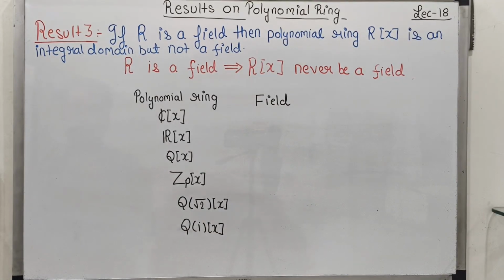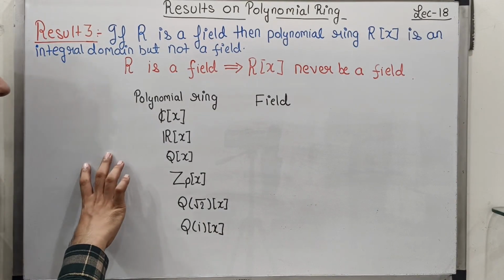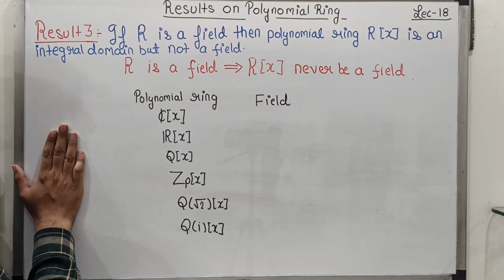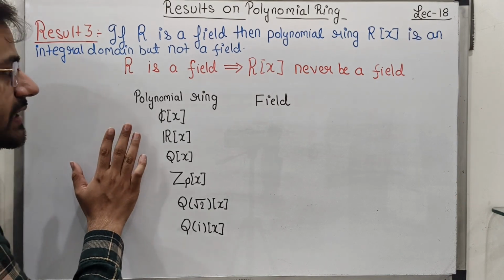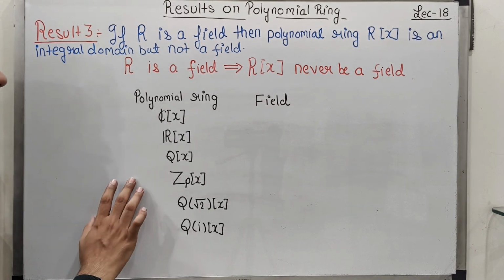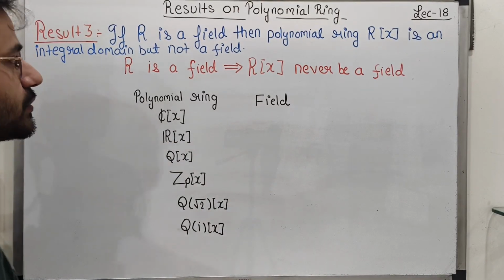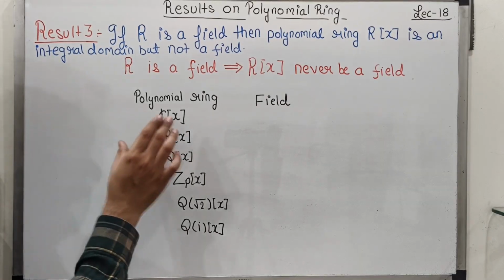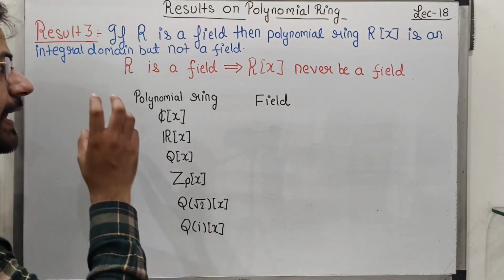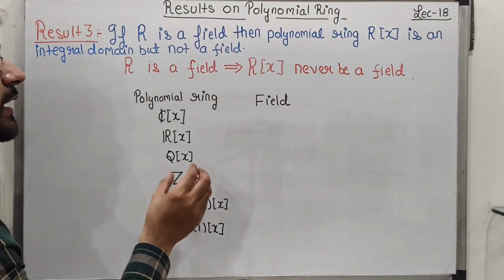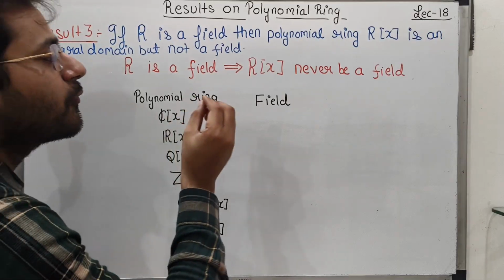Now we are going to see some examples in which we apply result number 3. Here I have written some polynomial rings and we have to find whether these polynomial rings are fields. If you know result number 3, you can directly state that any polynomial ring defined on any field will not be a field.